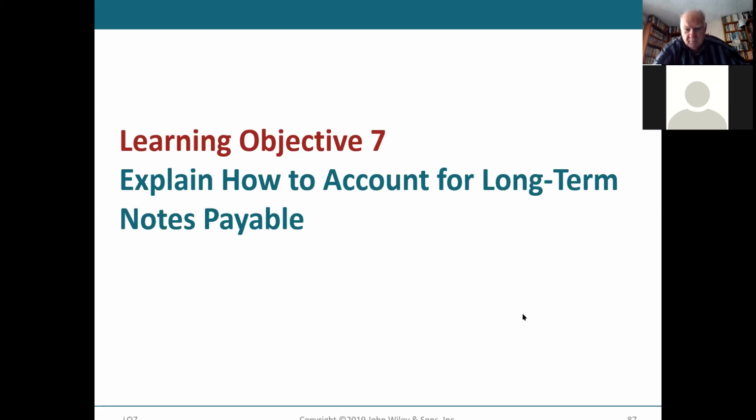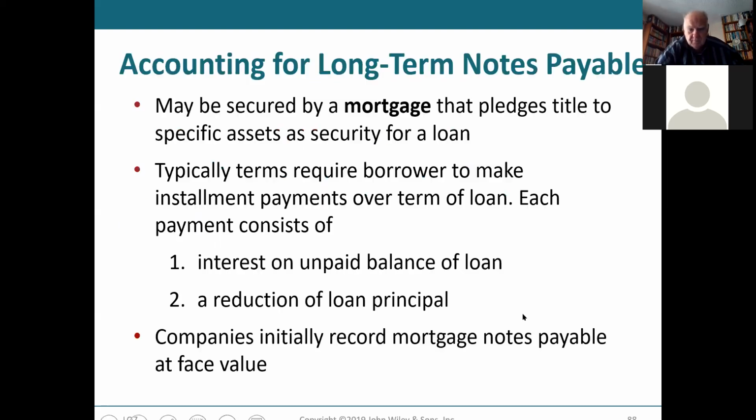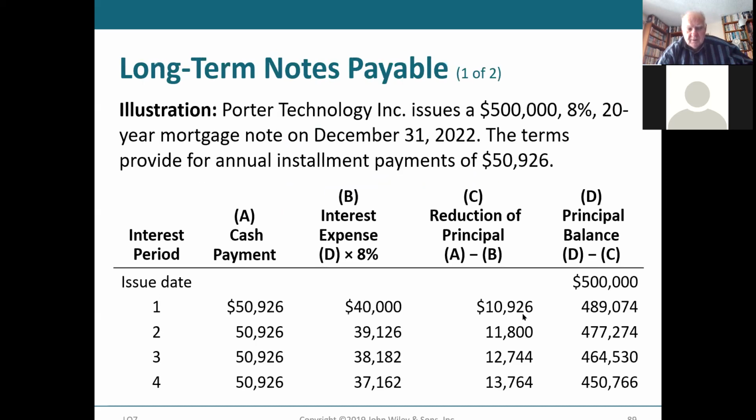Long-term notes payable. How to account for them? I think we know this. Notes may be secured by a mortgage. Typical terms require a borrower to make payments over a period of time, monthly, weekly, annually. And here they're just showing you a mortgage note. That's all this is.